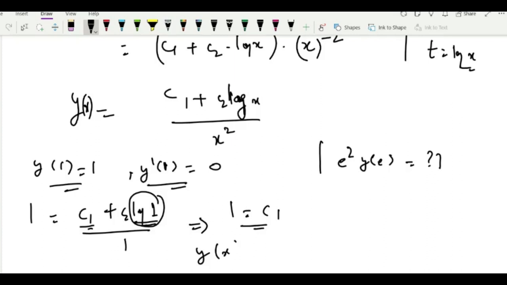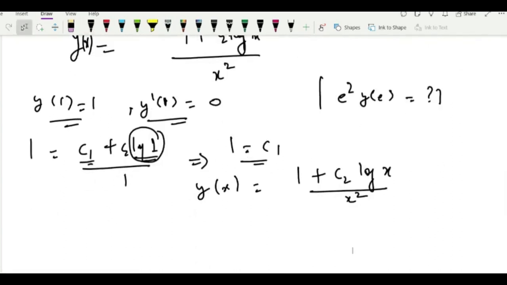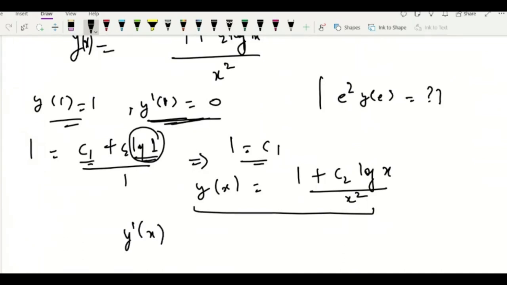So our solution becomes y(x) is equal to (1 plus C2 log x) upon x square. So this is our solution when we put the condition y(1) is equal to 1. And now take the derivative, as we are going to put y dash (1) is equal to 0. So taking the derivative, y dash x we have to find here.